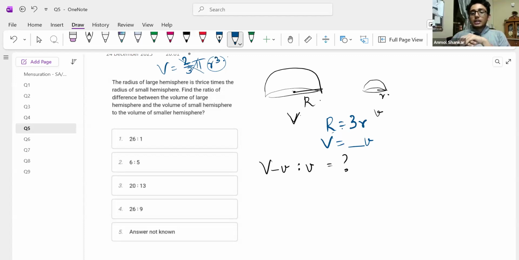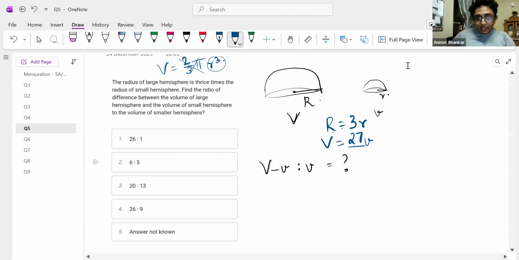What happens in volume? In volume it becomes cube, right? So we will have 3 cube which is 27. So capital V is 27 times small v. So if the radius is just 3 times more, the volume becomes 27 times more, right? So such a small change in radius can have such a large change in the volume.